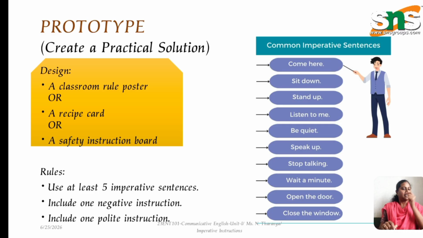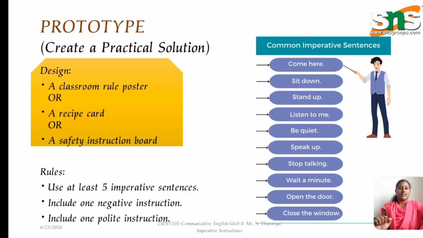Note this: we have included all the positive, negative, polite and negative polite imperatives too. This is how we use all these imperative structures inside the classroom in front of the students. When they see this regularly, they get to understand that these kinds of sentences are used in these kinds of situations. This is how a rule plays an important role in a student's life.